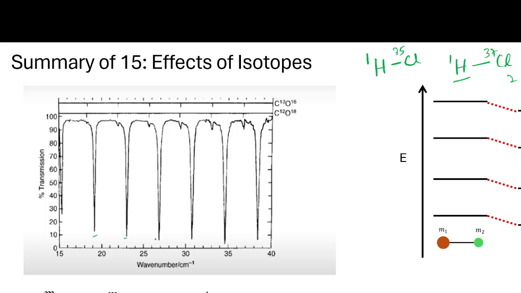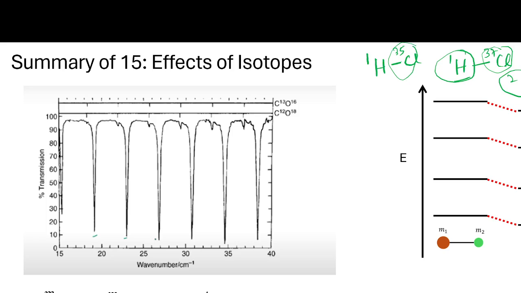Hydrogen and deuterium are isotopes, and chlorine 35 and chlorine 37 are isotopes. So the question is, what will happen when we replace one isotope with another? That is the topic of effects of isotopes. Before going to the mathematics, first we will see this spectrum.